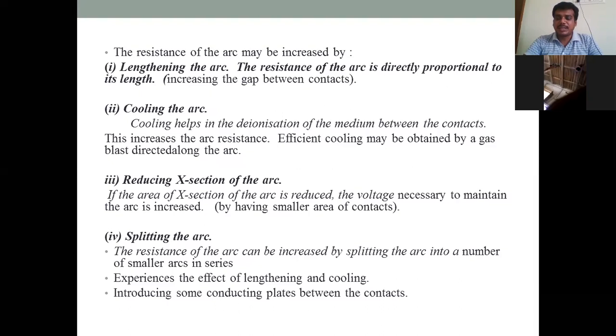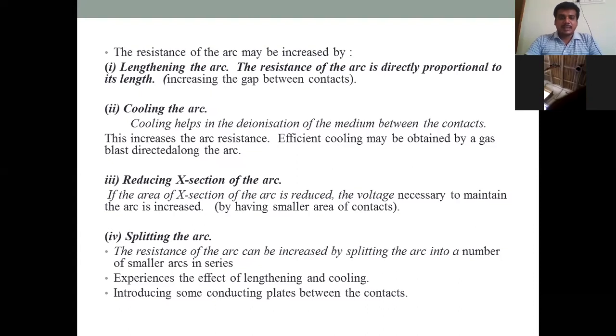Okay. Next is splitting up the arc. The arc which is produced between the contacts can be split up into different spaces, in a series. That is called the splitting of the arc. The resistance of the arc can be increased by splitting the arc into a number of small arcs in series.